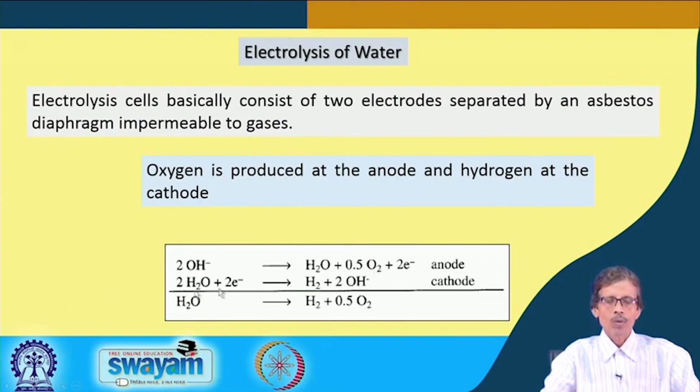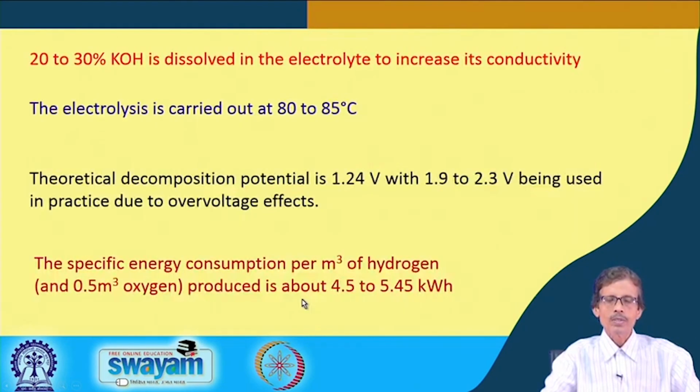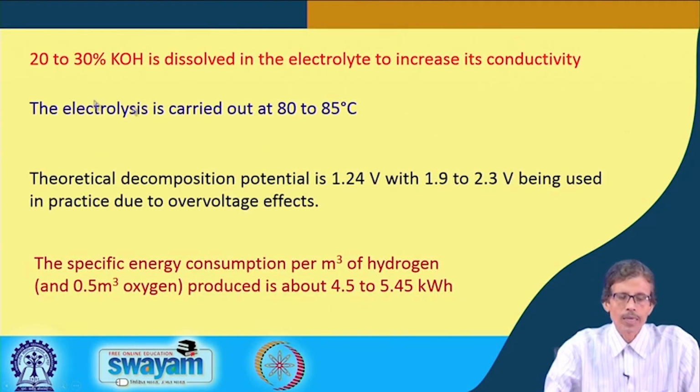Similarly, a water molecule when it takes up 2 electrons gives you hydrogen as well as the hydroxide ions back. So, at the cathode hydroxides are regenerated and those hydroxides are utilized for anode oxidation. Overall, the water molecule is utilized for the production of hydrogen as well as oxygen.